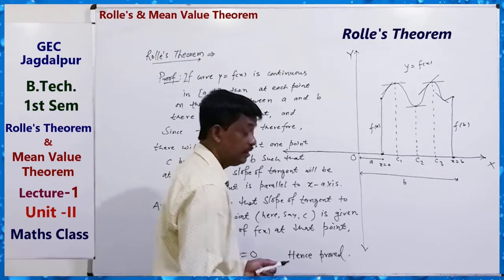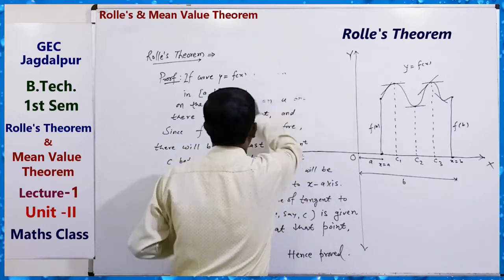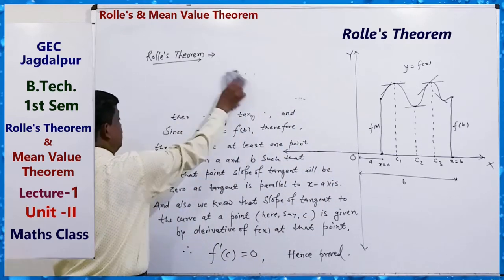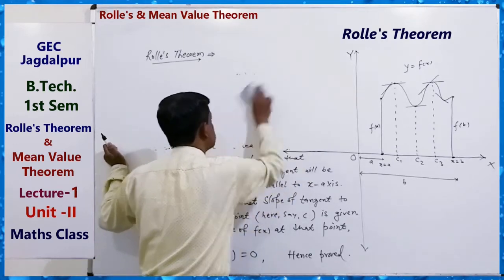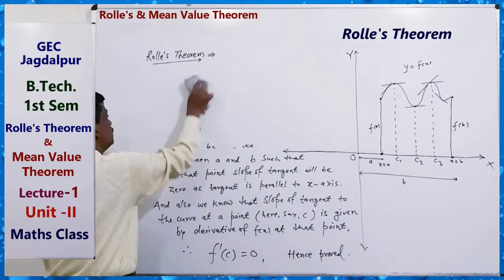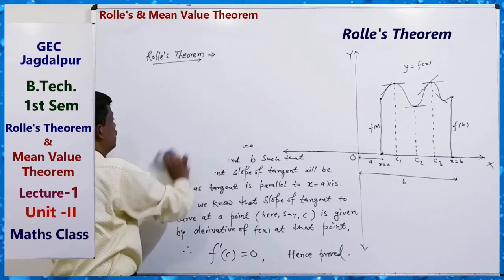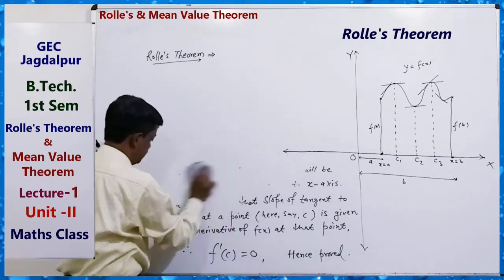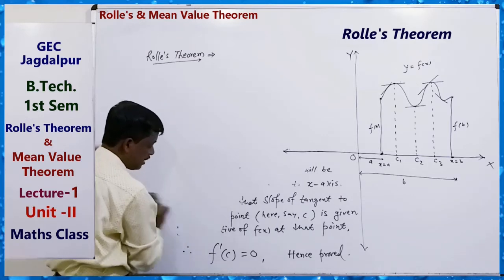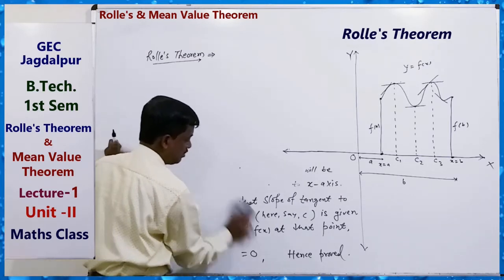Okay. Now, this is a geometrical interpretation of Rolle's theorem, and we proved this by using the geometrical method. Okay. Now, the algebraic interpretation.